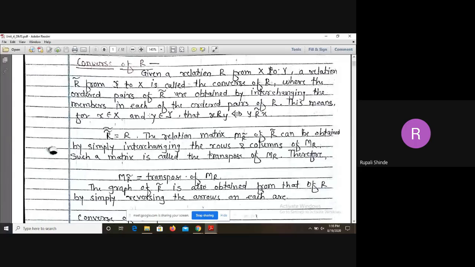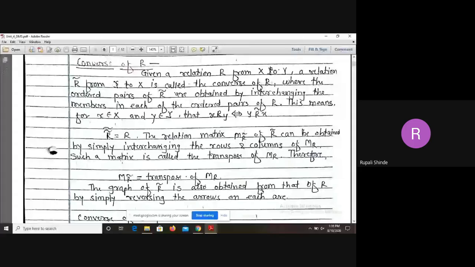The relation matrix M of R converse can be obtained by simply interchanging the rows and columns of MR. In the last lecture we saw what MR is, that is, the relation matrix for any relation.